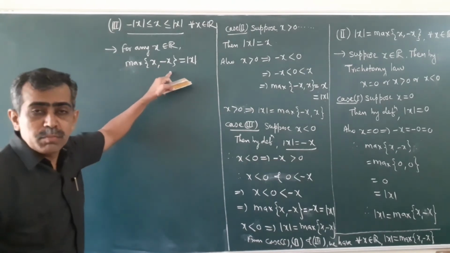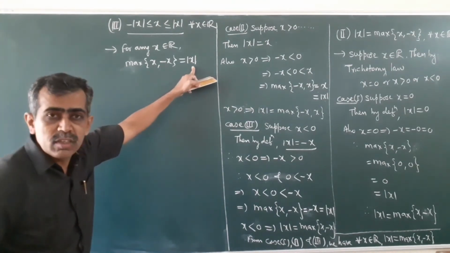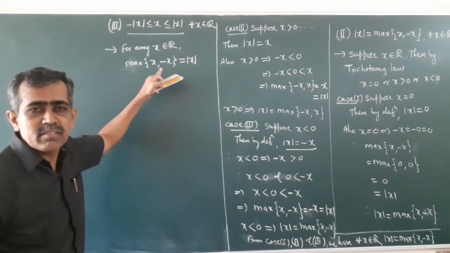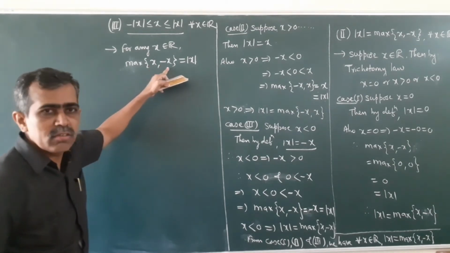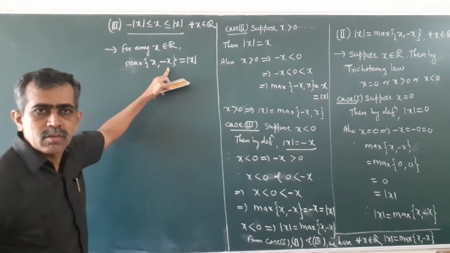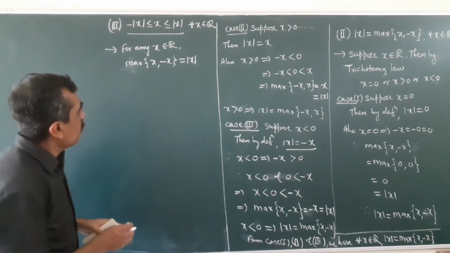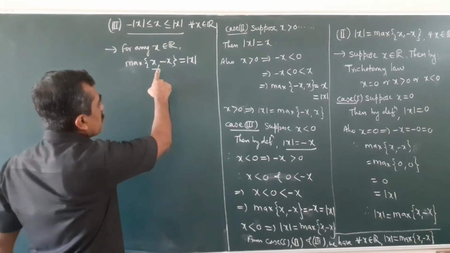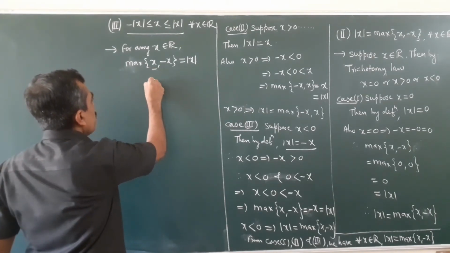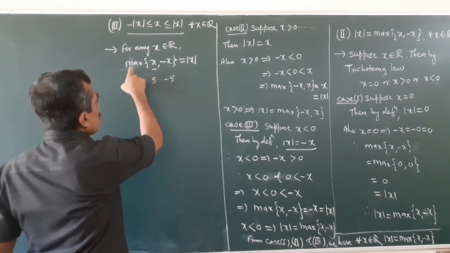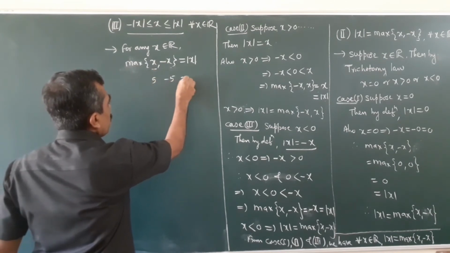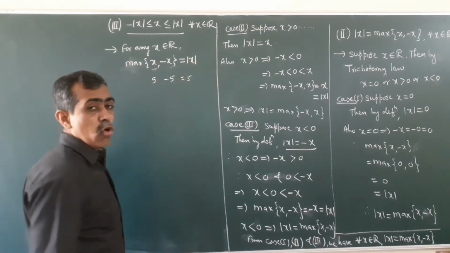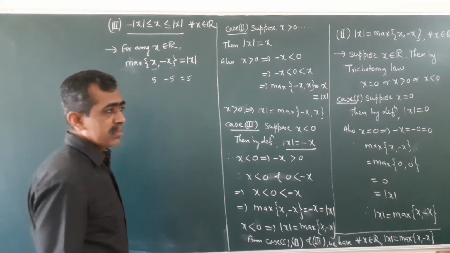Whatever is the maximum between these two is equal to this. I don't know whether this is maximum or this is maximum. Suppose this number is maximum, means if this is 5 and this is minus 5, then the maximum between these two will be 5, and that is mod of 5, that is mod x.